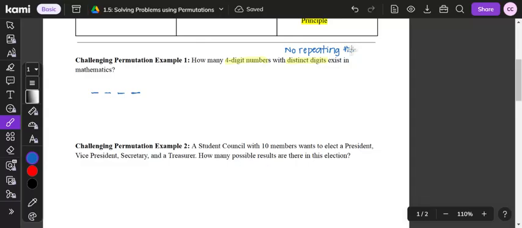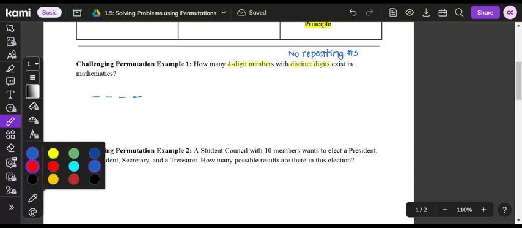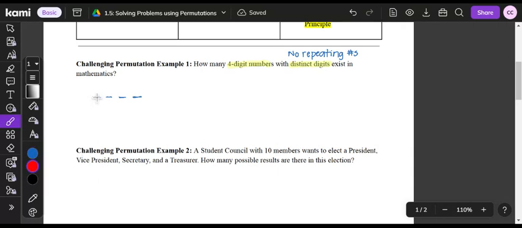Okay, so the way I would do this is I would go through each digit and I would think of the permutation that I need in order to fill that spot. So in the first place, the first one's kind of tricky because you got to remember that if we're talking about 4-digit numbers, this is a good example, 1,234.